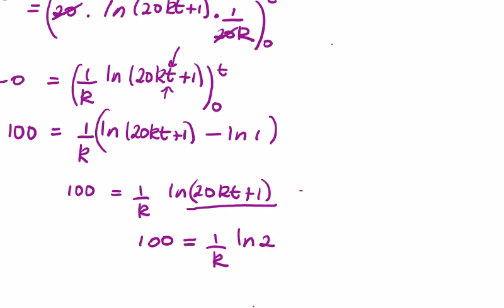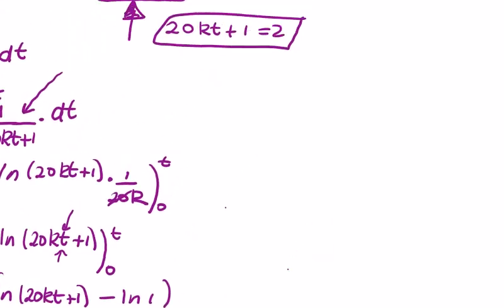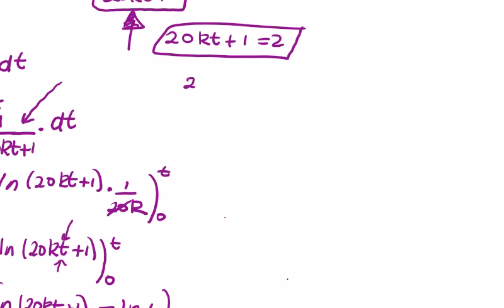So we get a value for k. k is going to be equal to the natural log of 2 divided by 100. So 20 times the natural log of 2 divided by 100, times t, plus 1 is equal to 2. Now we just have t as the unknown.